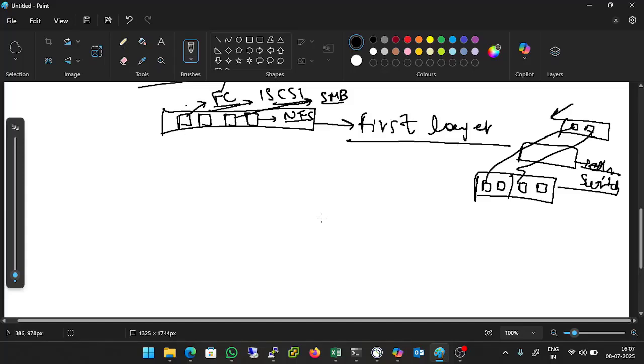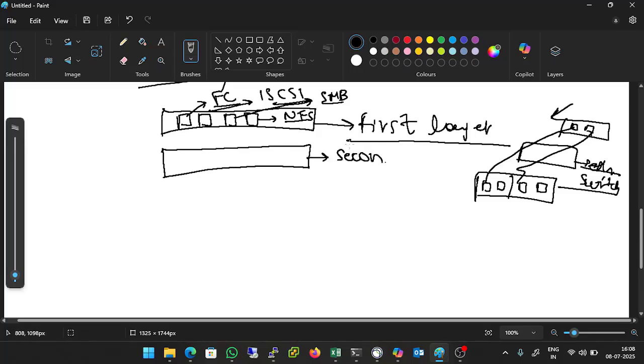Suppose my protocol is iSCSI, then it will firstly check the iSCSI protocol in which NetApp is receiving from the HBA part, means from the network part. Firstly, it will check that. After checking what exactly the protocol is, it will go to the second layer.